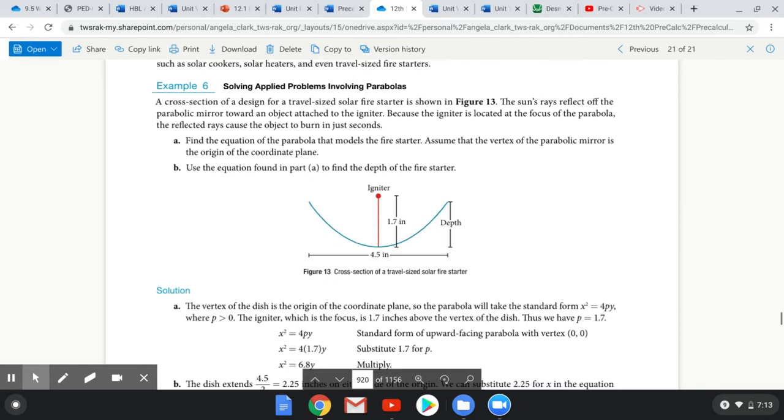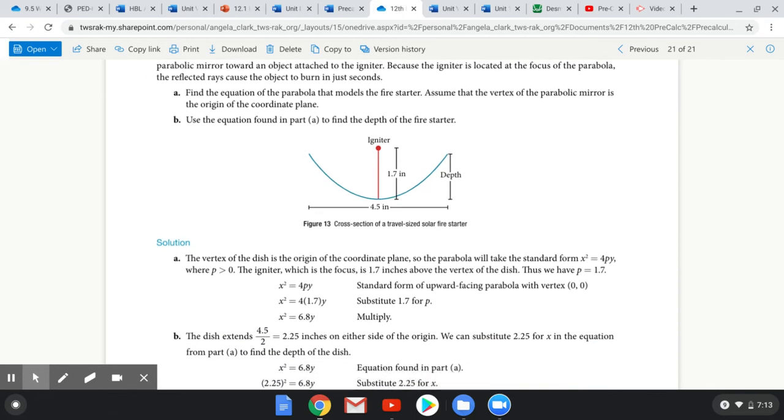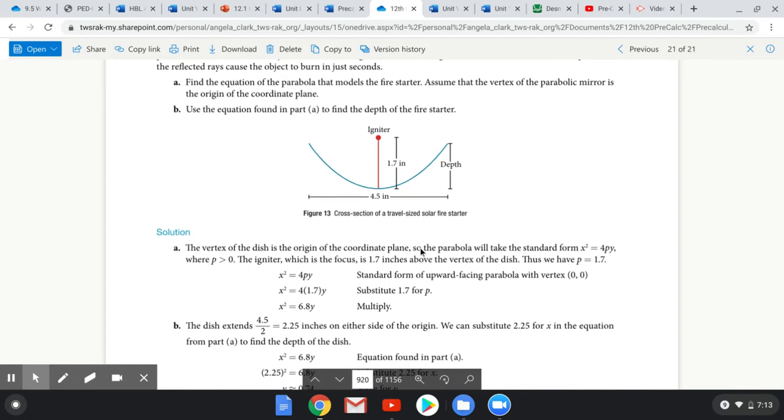So in our equation, we are going to first recognize that this is P. This is the focus, this is the vertex.